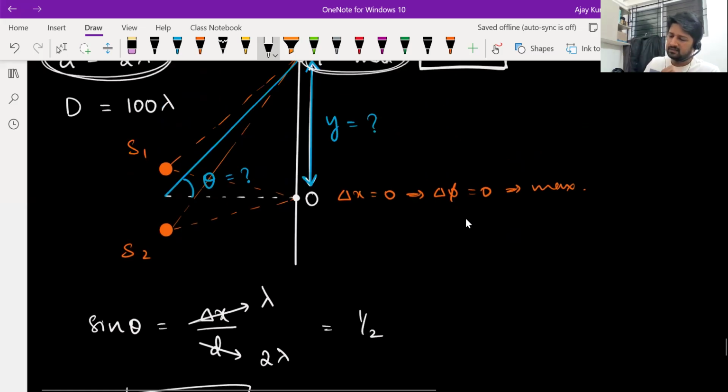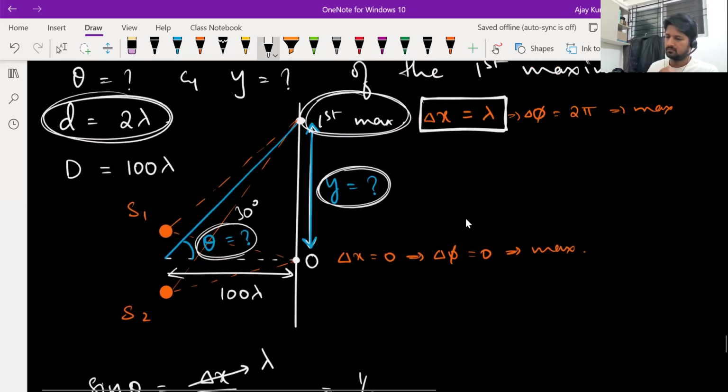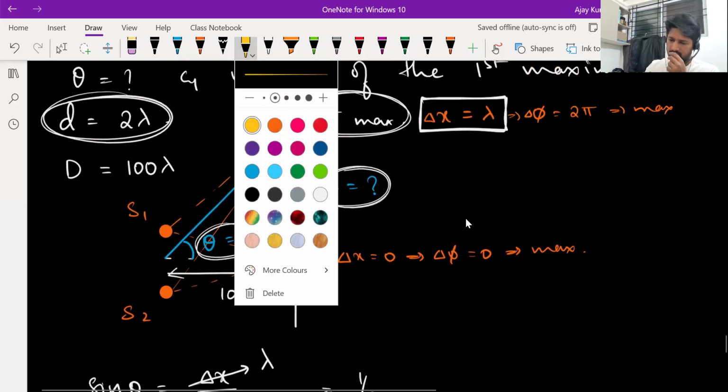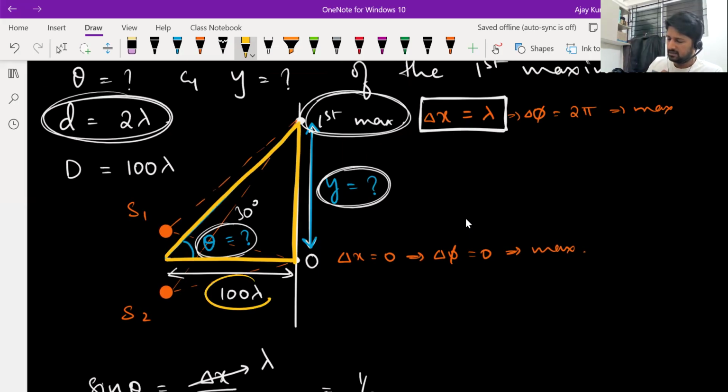And once you know theta as 30 degrees, and you know this distance is 100 lambda, 100 times the wavelength, can you find out y? Can you calculate y? You just need to use this right angle triangle now. We got the angular position as 30 degrees, and we know the distance adjacent to that angle, 100 lambda. We need the distance opposite to that angle.